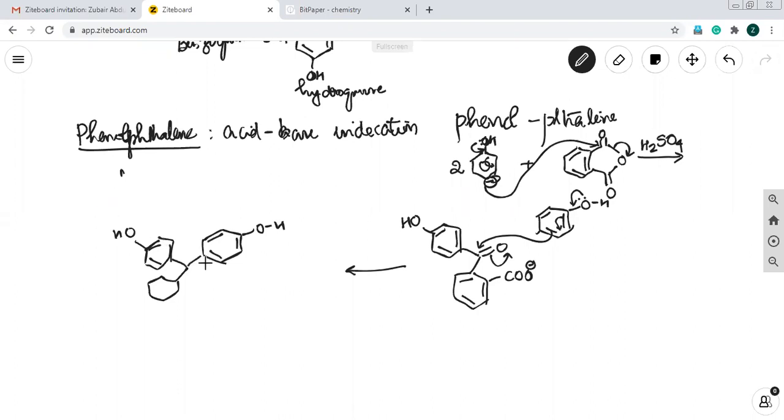You have the OH here and COO minus. Now, what happens is this will replace this OH group and will give you your phenolphthalein.